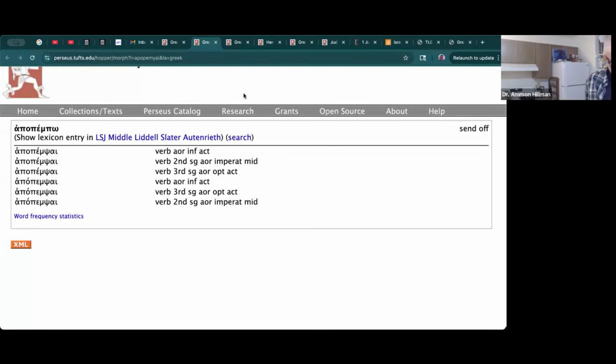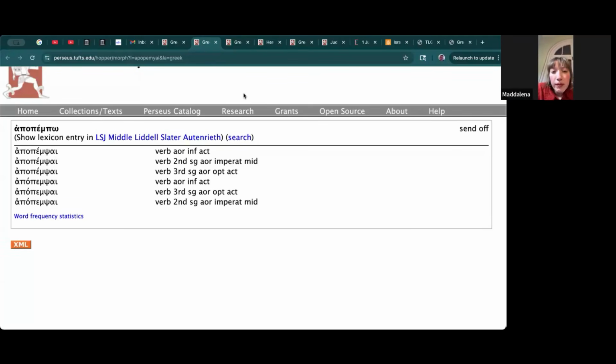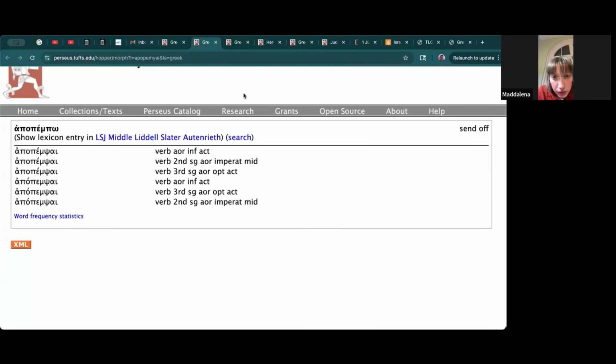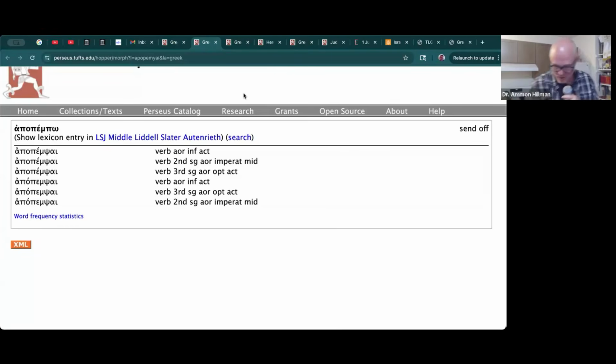You've got a third singular aorist optative active, right? Good. But you notice that it can also be a second singular aorist imperative middle, which is what we have been dealing with in this chapter, right?